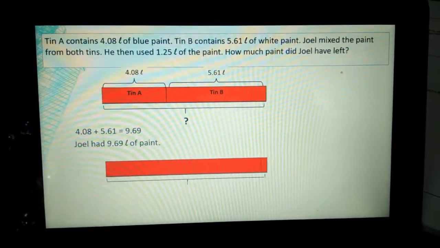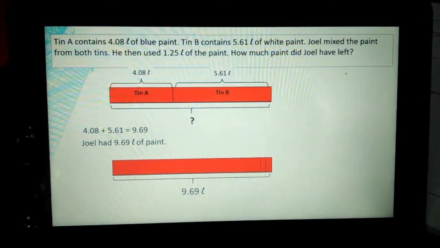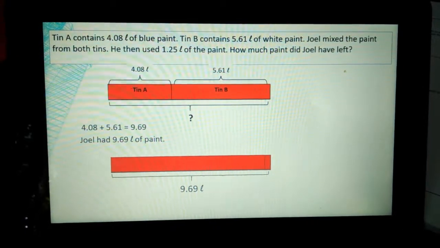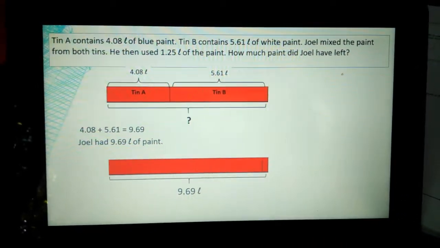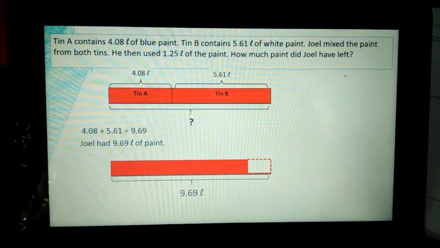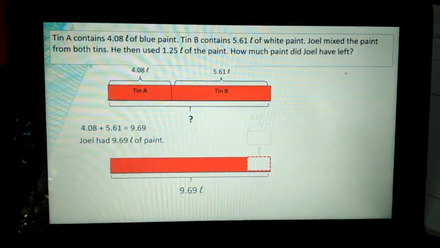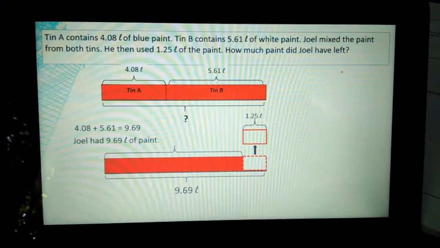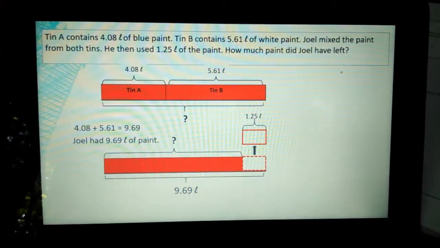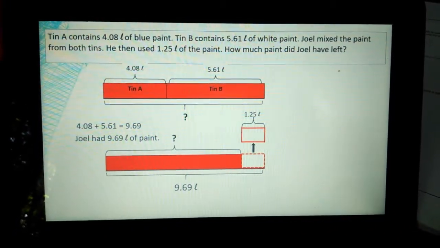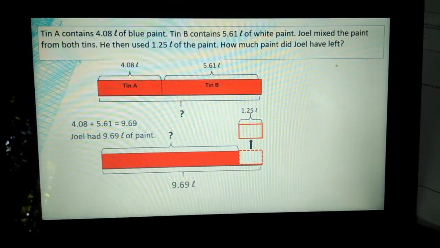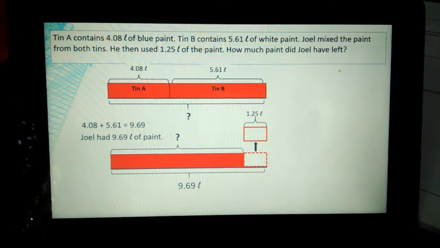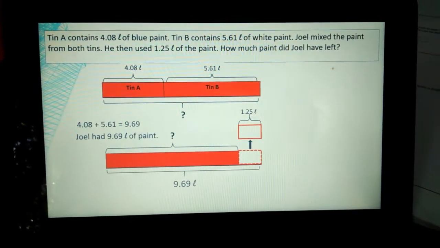This is the model. The total of Joel's paint is 9.69 liters. He used 1.25 liters of the paint. So the question is this one. We need to find how much paint Joel had left. Is this addition, subtraction, multiplication, or division?